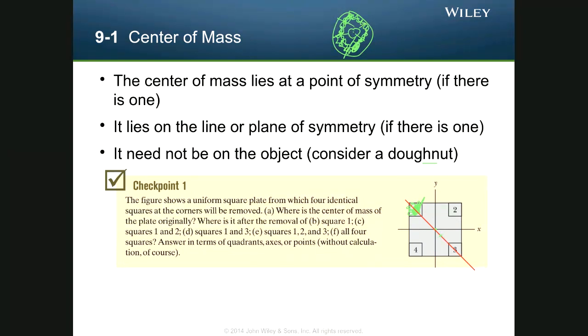The axis of symmetry will give us the location of the center of mass, sort of, and because there's more mass in this fourth quadrant, we'll shift along that axis of symmetry towards there being more mass. Does everyone understand the answers for A and B?